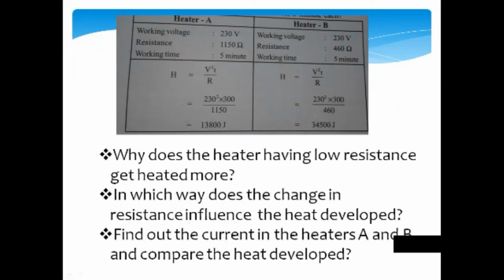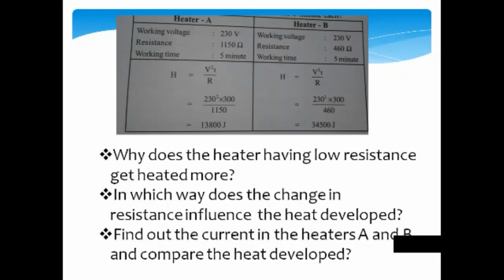When we look at the two heaters, the heater having low resistance is heated more in both cases. In the first case, the resistance is higher, and in the second case, heater B, the resistance is less, that is 460.